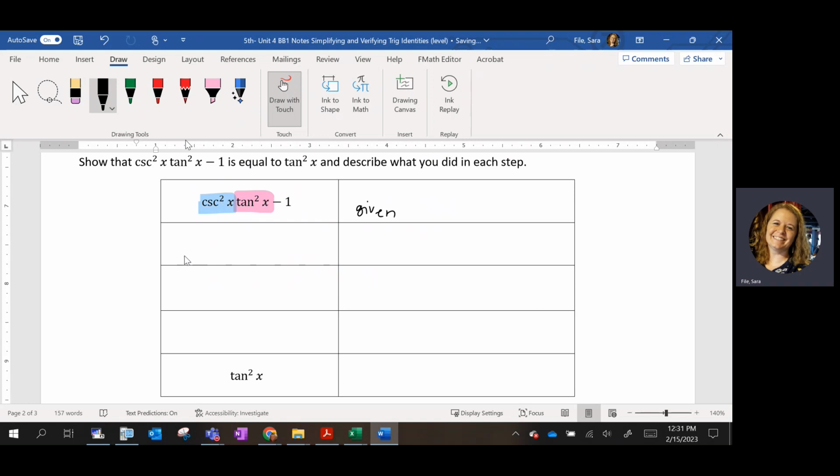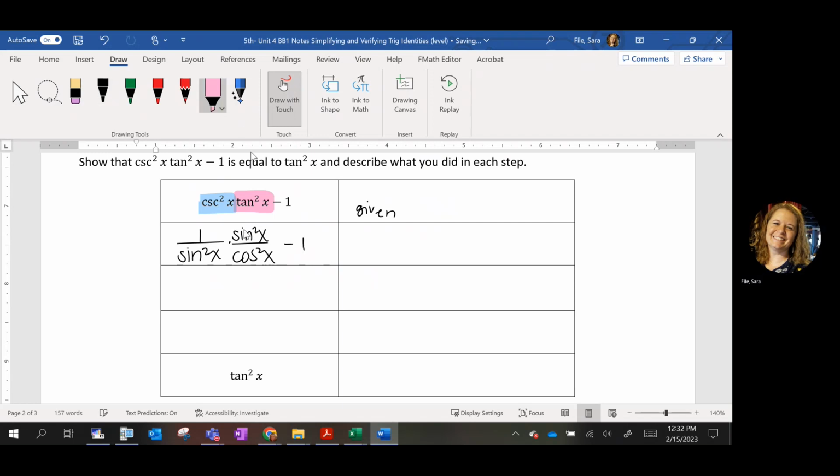Since this is squared, it'll be 1 over sine squared. And what is the quotient identity for tangent? Sine over cosine. Since it's squared, it'll be sine squared over cosine squared. Then we've still got the -1.